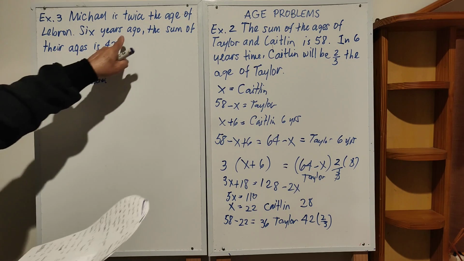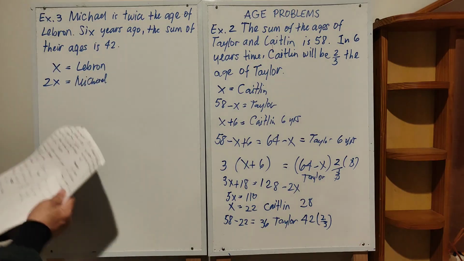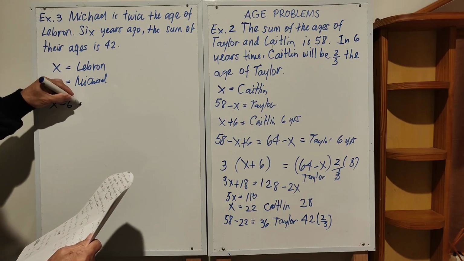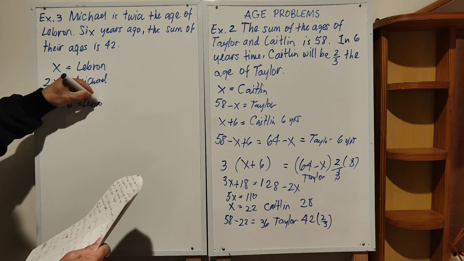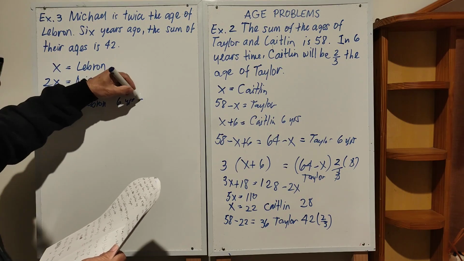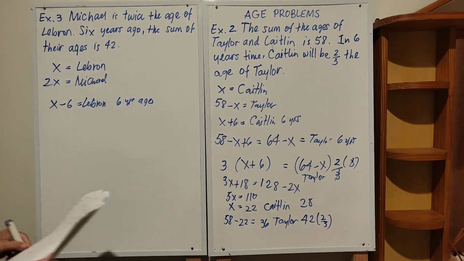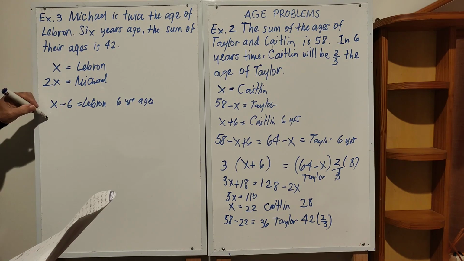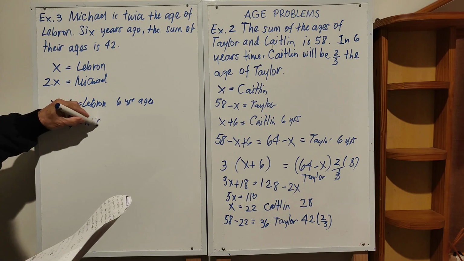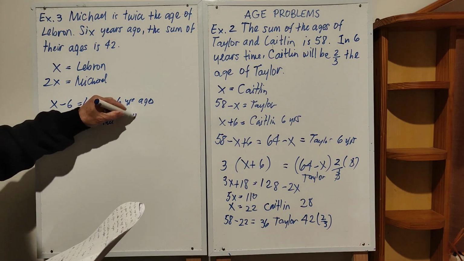Now, 6 years ago, LeBron would be x minus 6, and Michael would be 2x minus 6.